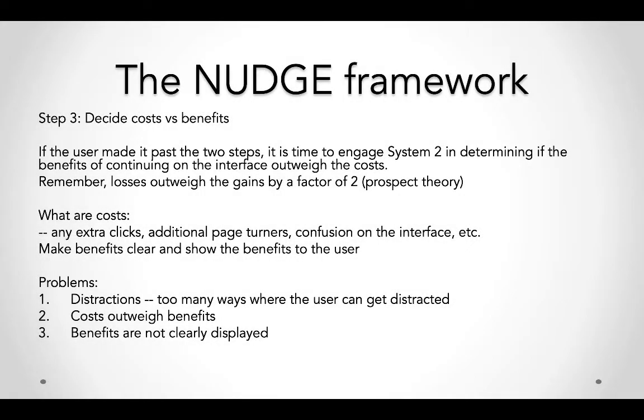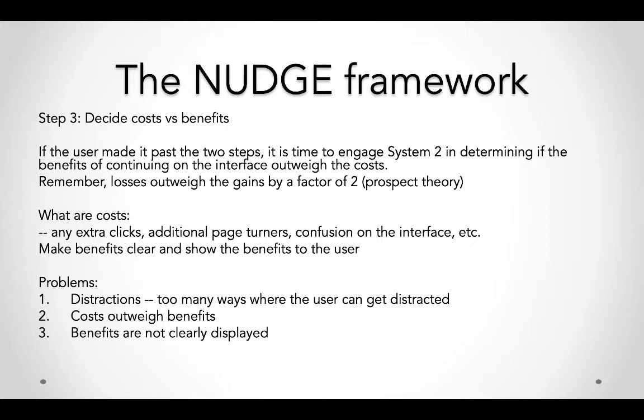So if we went through step 1 and step 2, which are system 1, now since we like it, we have arrived at this moment when we like it, and we are considering giving more time on the online interface we're talking about.